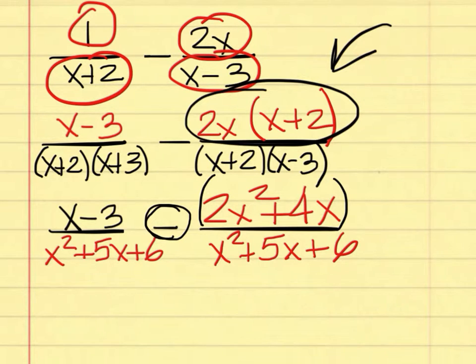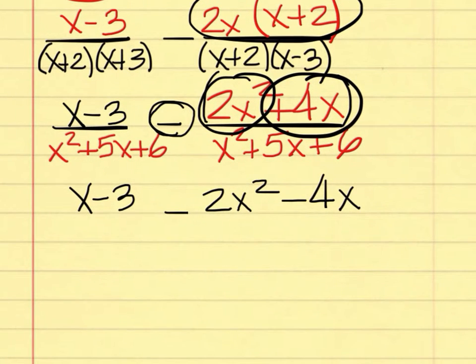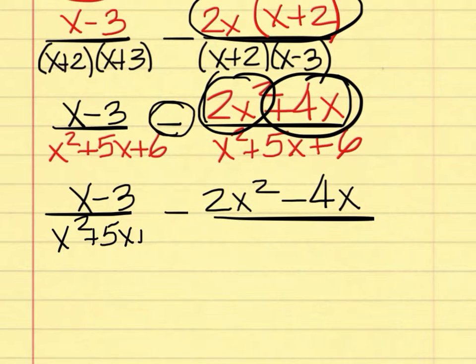All right, so if I have x minus 3, and then I change the sign of this to minus 2x squared, and the sign of this to minus 4x, I can go down through here and just fill in my denominator as it was before. X squared plus 5x plus 6, x squared plus 5x plus 6.